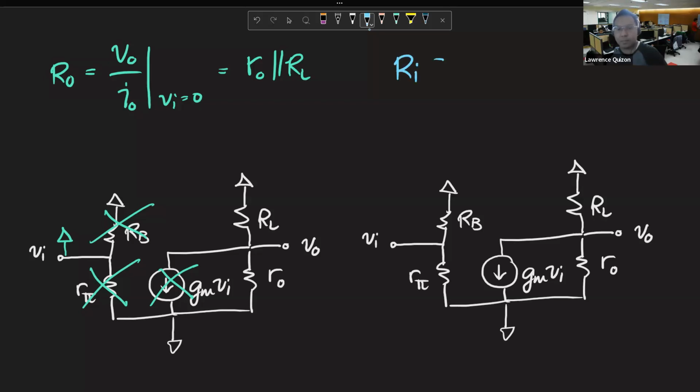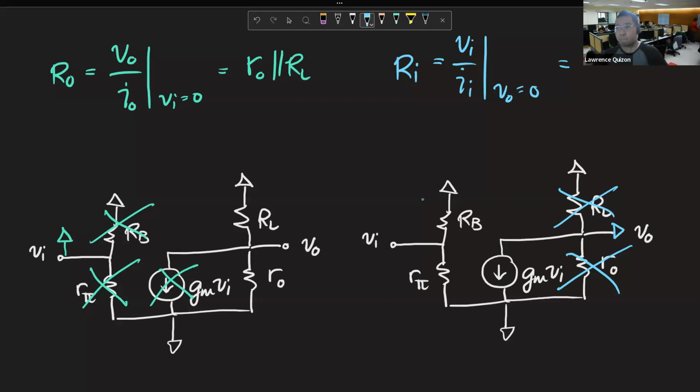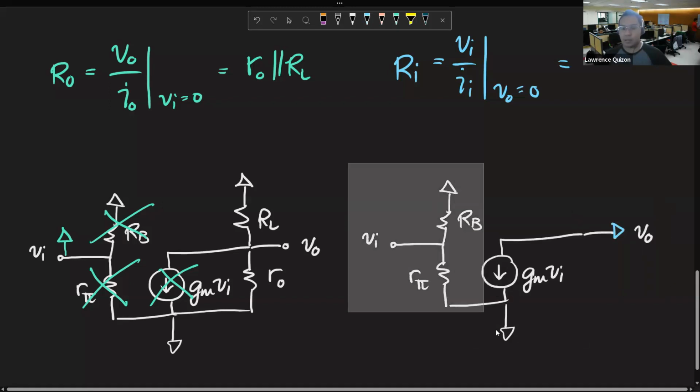Next, we have R in. So R in is equal to V in over I in, given that V out is 0. So let's do that. If V out is 0, then this thing cancels out, we don't care about that. So ano na yung bagong circuit natin? Bagong circuit natin is ito. We have gm V in that's completely decoupled from the input part.